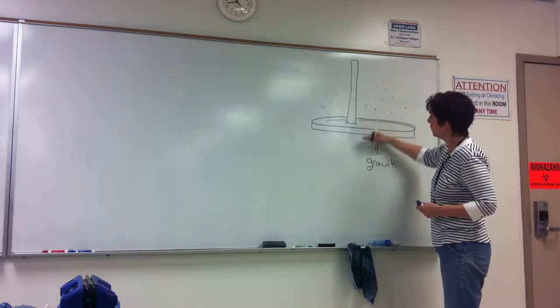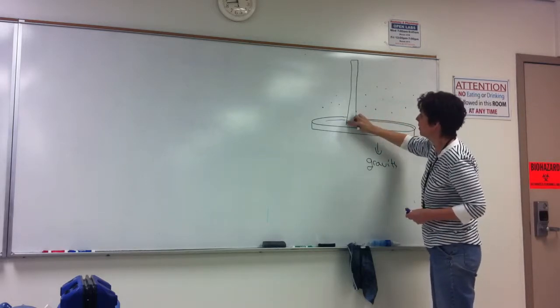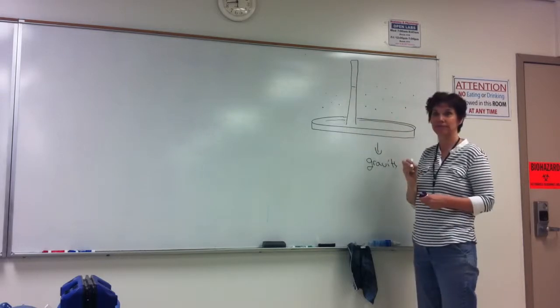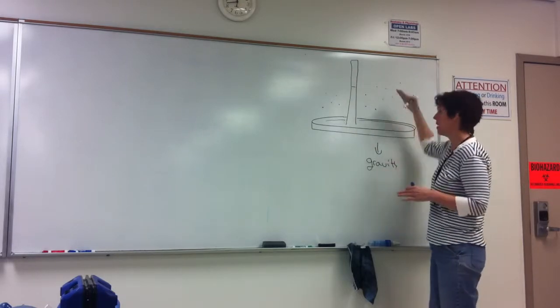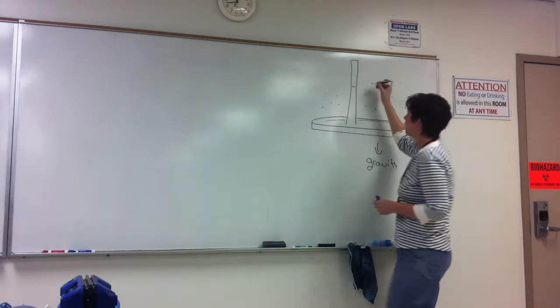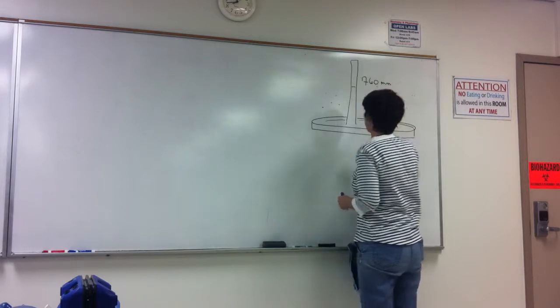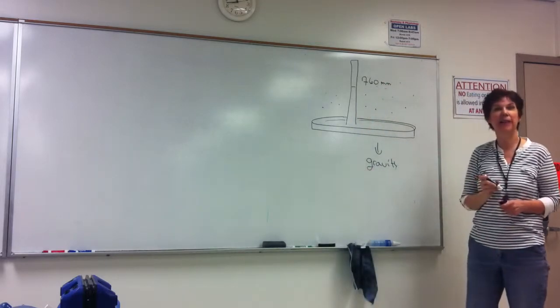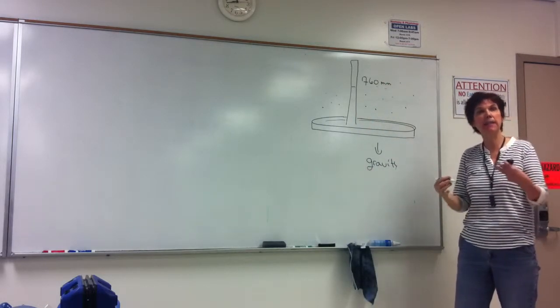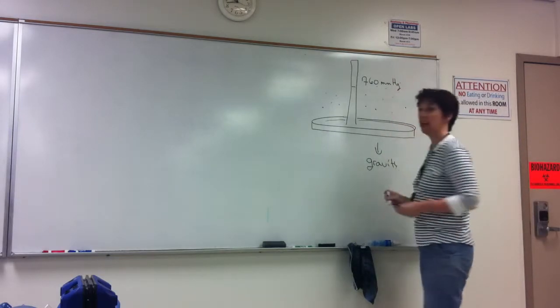And as they push down, bouncing down, they're going to push the mercury level up. At sea level, there's enough force of those descending, bouncing gas molecules to push the mercury to a level of 760 millimeters.